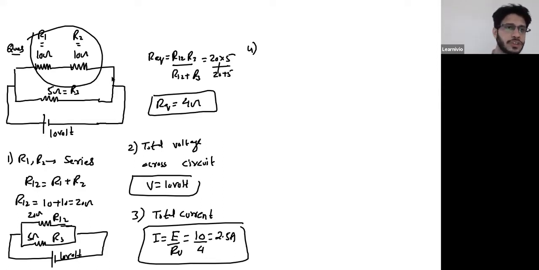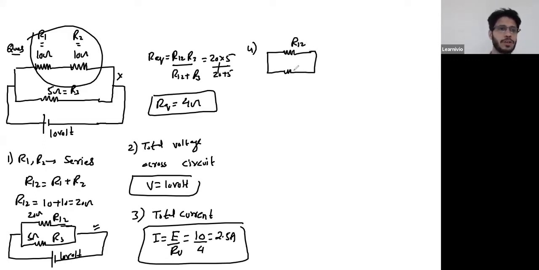We can use this circuit, but we will not use it because it's very complicated. First, we will solve the simplified circuit. After solving it, we will come back to this circuit.